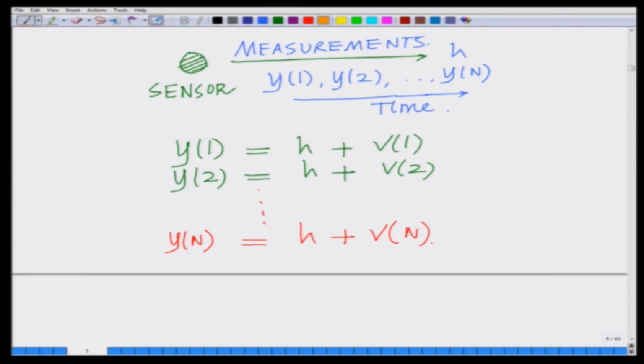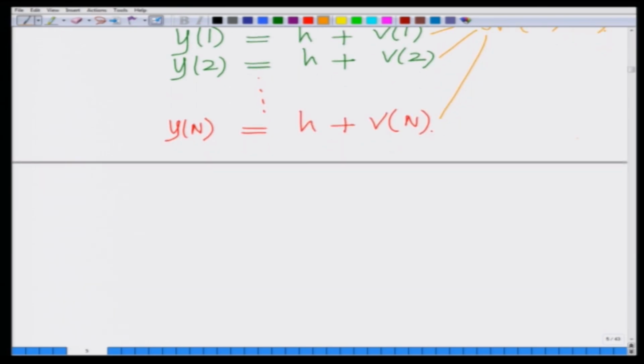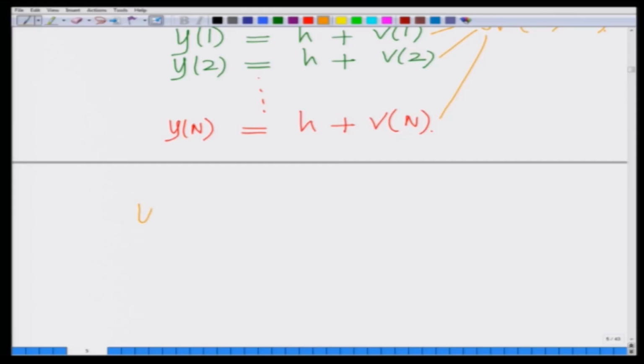Similarly, we assume that all these noise elements V1, V2, Vn have 0 mean and variance sigma square. So, each measurement Yk at the kth instant of time is h plus Vk, where k can range from 1 to n. In general, I can represent this as the kth measurement Yk equals h plus Vk, where k denotes the kth instant of time.